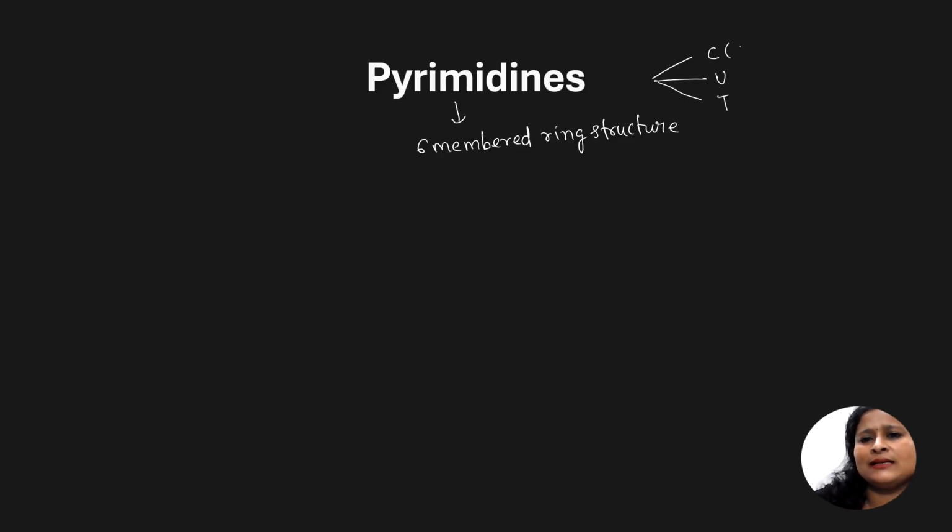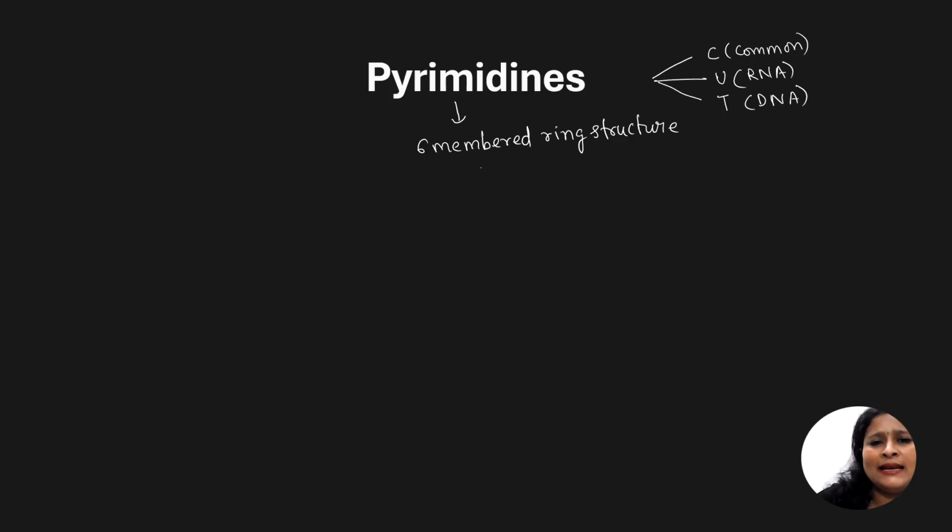Cytosine is common in all. Uracil is only found in RNA and thymine is found in DNA. Clear? So here I'll first try to make the structure of uracil.